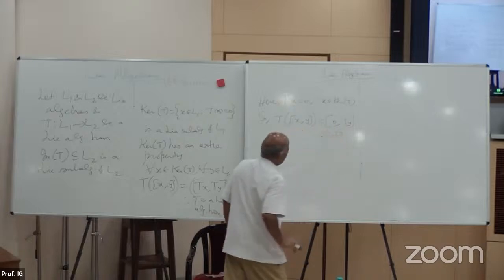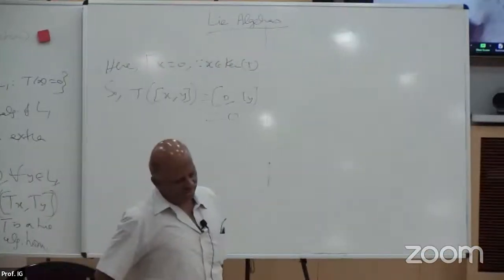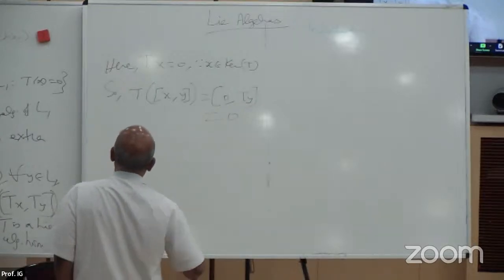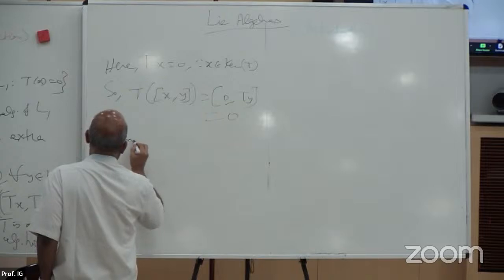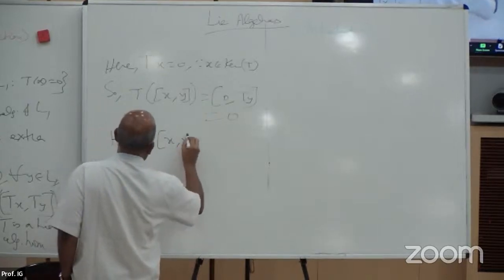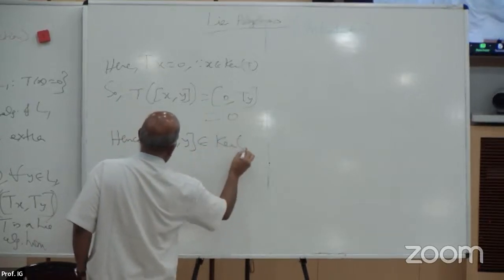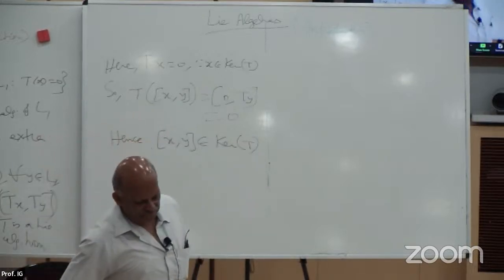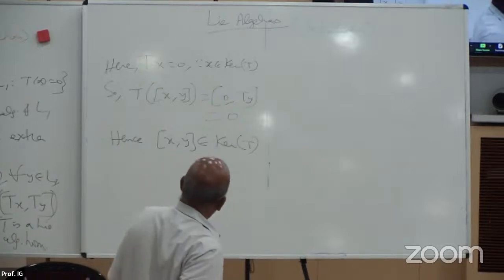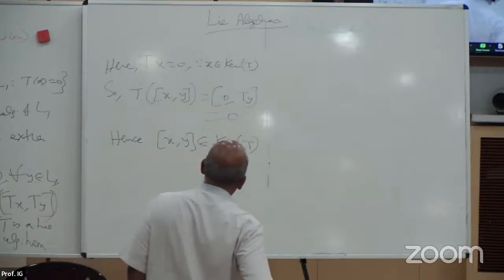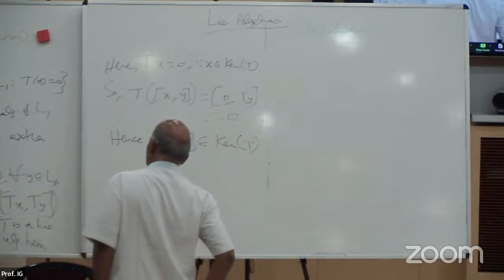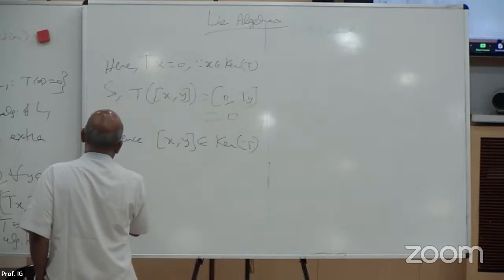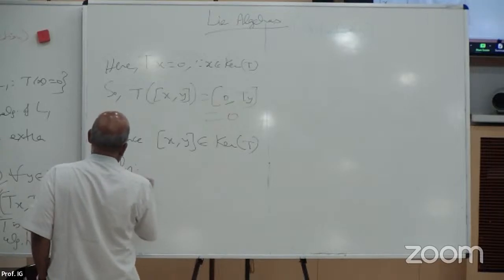This can be verified to be 0. So whatever y you take in L1 and x in the kernel, the Lie bracket [x, y] is again in the kernel. So this is the extra property of the kernel. The image doesn't have such luxury, but [x, y] belongs to the kernel of T, whatever x may be in the kernel and y in L1. And this is what leads to the definition of an ideal.